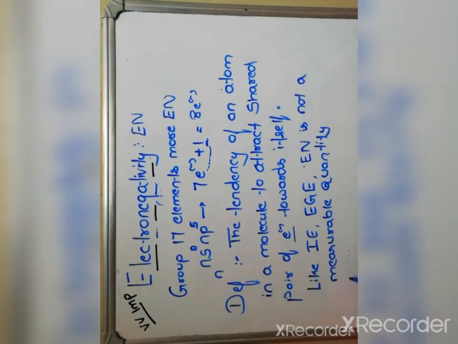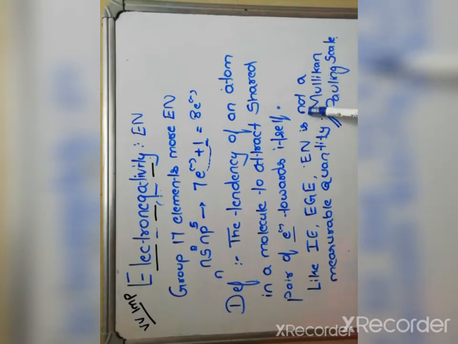Here I am going to write Mulliken scale and Pauling scale. Usually the Pauling scale is widely used. Just remember the names, the details are not necessary. Just remember this definition.